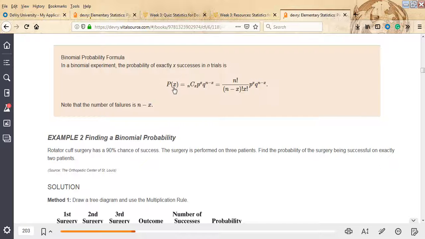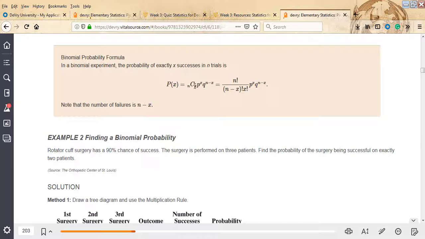If I have 6 here that I'm trying to decide, it's the probability to the 6th power. Whatever I have here as the x is the power that I'm raising p to. Same thing here with q, how we define the probability of failure, raised to the n minus x level. So that's the number of failures.